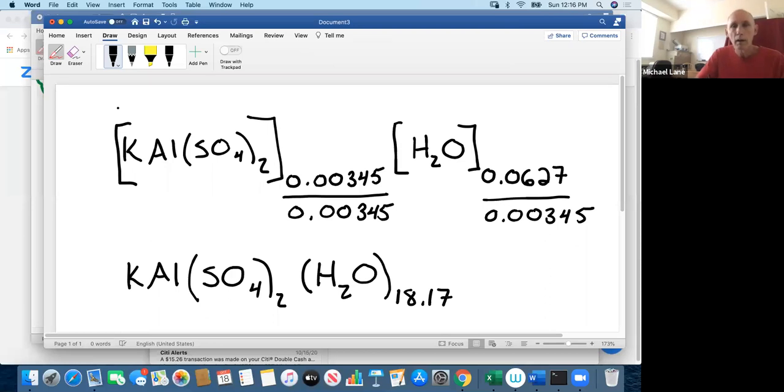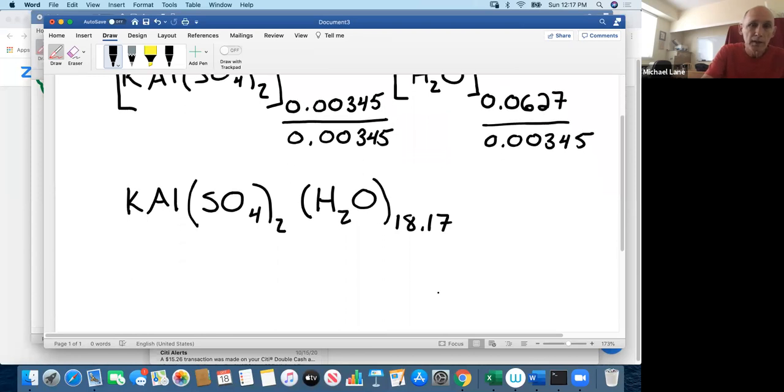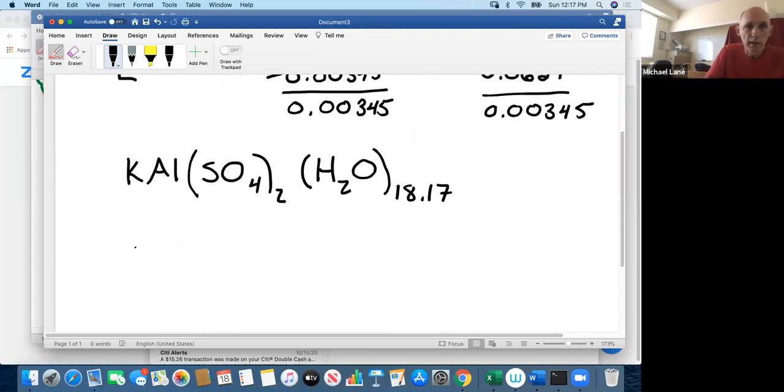Now, unlike exam questions and homework problems where these ratios turn into numbers almost exactly equal to whole numbers, when you have actual experimental data, there's going to be deviation. So I get 18.17, and we have to interpret that. In this case, it's pretty clear that the value that I should use is 18.